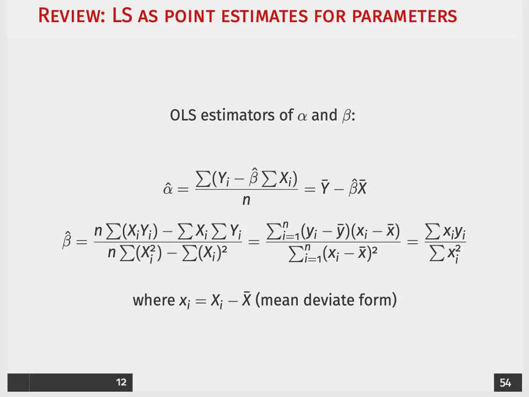And that slope of the fitted line is going to equal the sum of xi y over the sum of x squared. And again, there's some fancy notation here that I don't really want to stress too much, where xi is actually a demeaned form. So it's actually xi minus x bar.